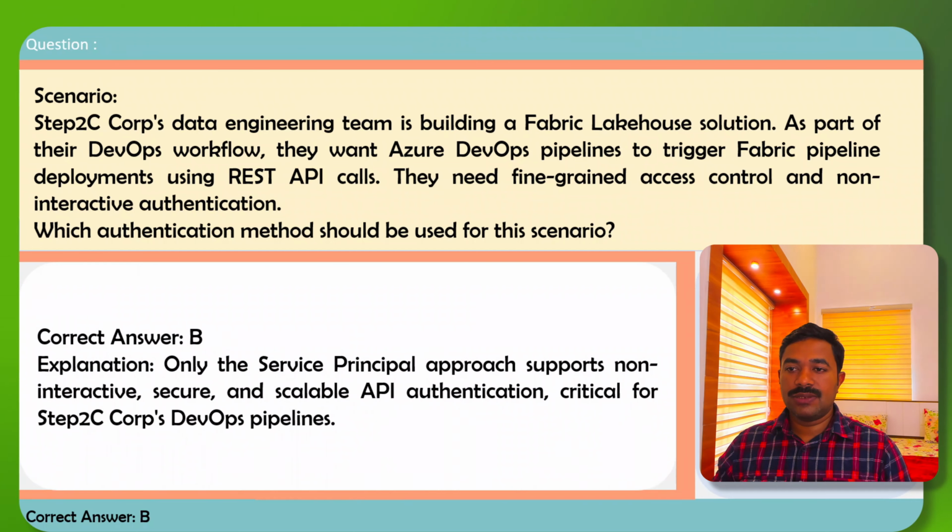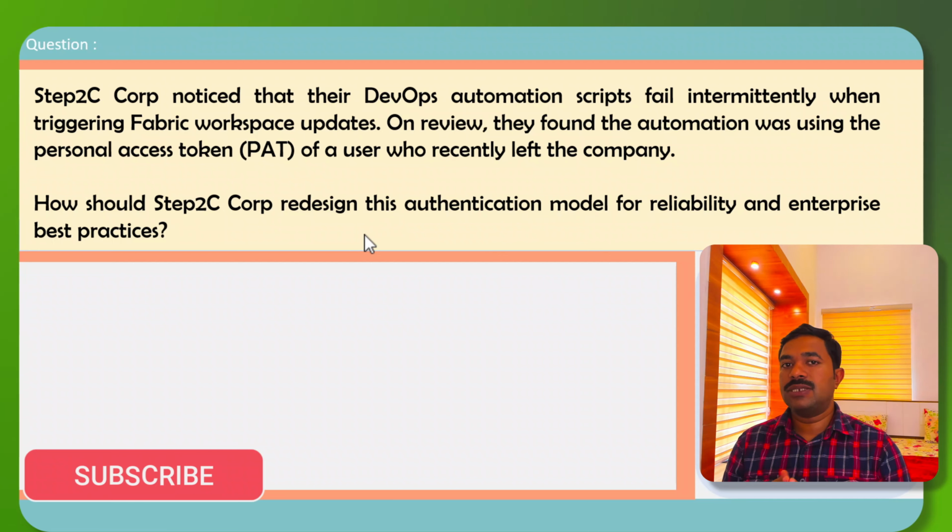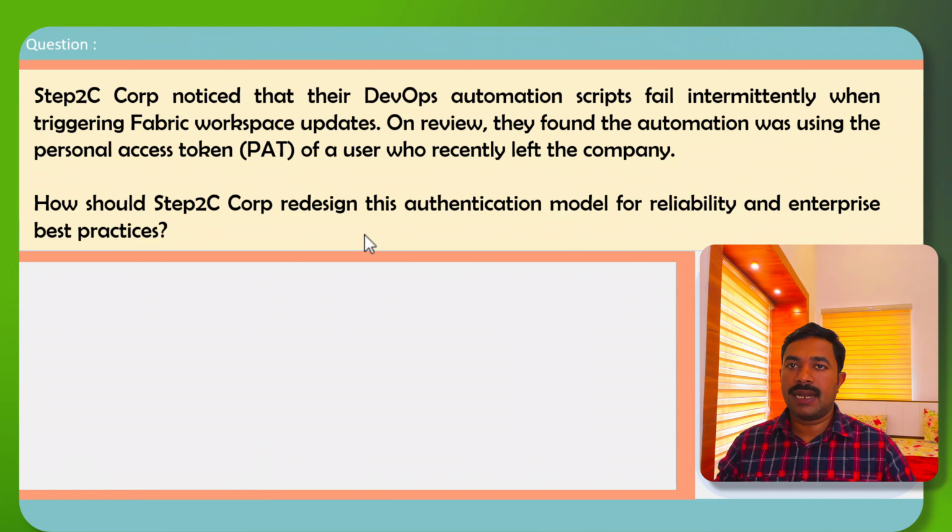Only the Service Principal approach supports non-interactive, secure and scalable API authentication. So we should try to use the Service Principal approach. Let's go to a few more questions. Now this question is asking us to use a Service Principal instead of a PAT, Personal Access Token.